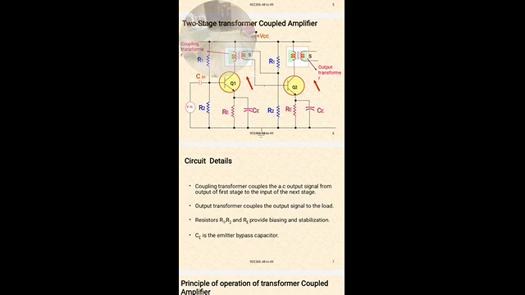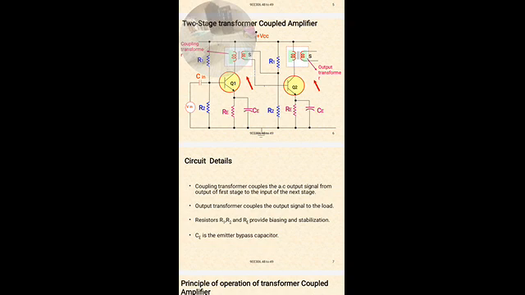So this amplified output signal is transferred to the secondary winding through mutual induction.